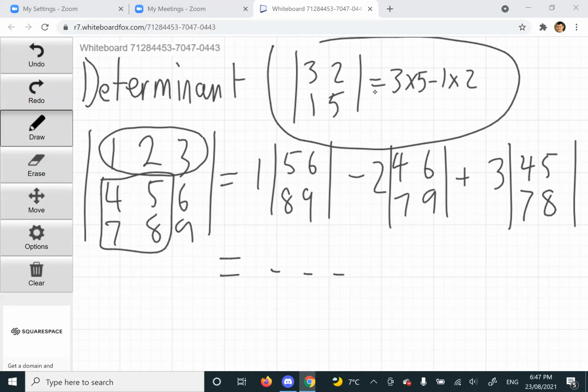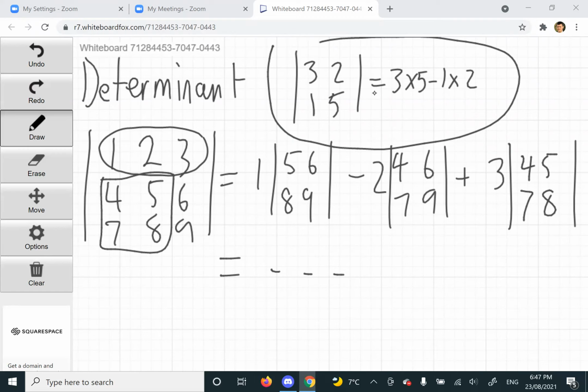Do you understand what that means? It doesn't mean anything except a definition right now. I'm not asking you to understand anything, I'm just telling you how to do something. I'm defining a process. Whenever I write 9 numbers in a grid like this and put vertical lines around them, this is the formula to get a number.